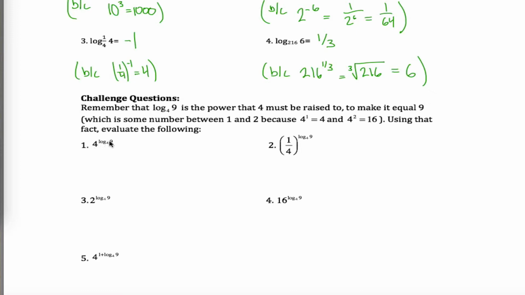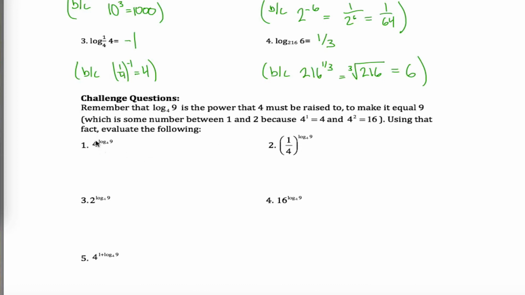4 raised up to the log base 4 of 9. That's a hard question. But if you think about what the log base 4 of 9 is, the log base 4 of 9 is the power. So this whole thing is an exponent. It's the exponent that 4 needs to be raised to make it a 9.